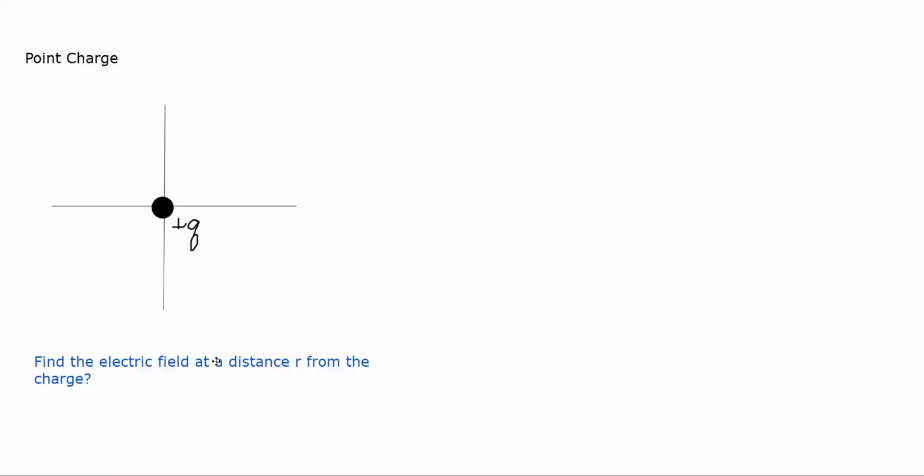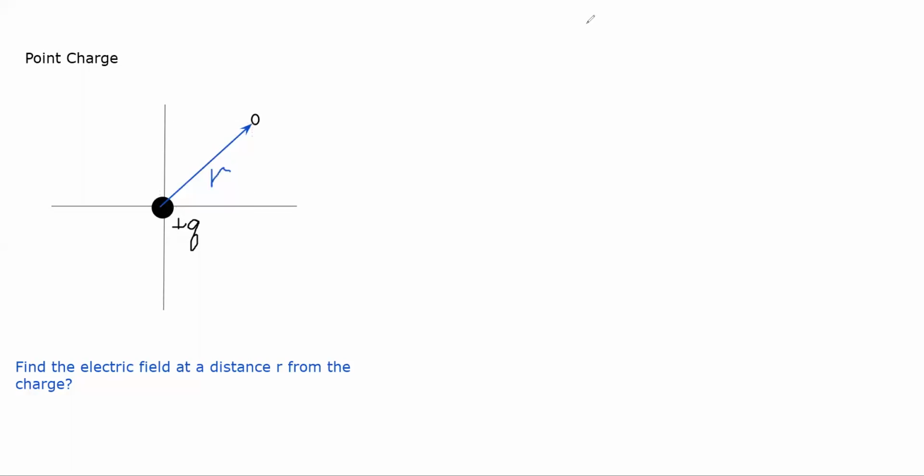Okay, so we have this charge. We want to find the electric field at some distance. So we want to find the electric field, let's say somewhere right here, and that'll be our distance r, which would be the same electric field, same magnitude, as anywhere with that radius.